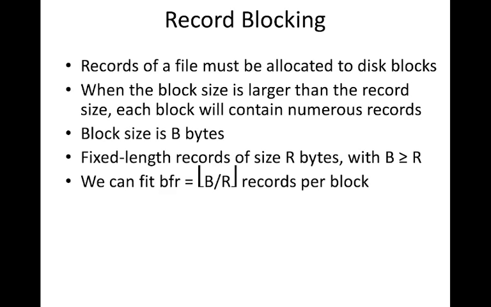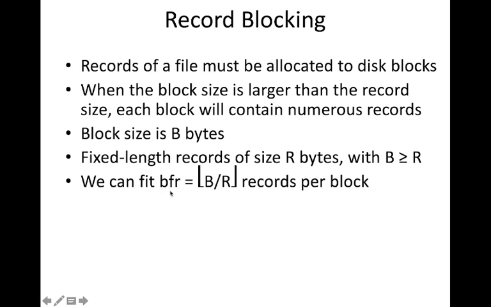If there is a decimal value, we have to take the floor value. That means if it is 10.2, we take it as 10. Even if it is 10.8, we take it as 10. So we have to take the floor value. This symbol denotes the floor value. This is known as BFR, the blocking factor value.